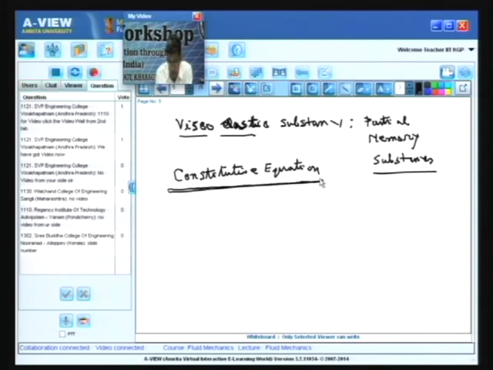Now, I come to the constitutive equation, which will be told in detail afterward. A constitutive equation of any material relates the force with the change in its linear dimensions and angular dimensions, which we call its deformation.